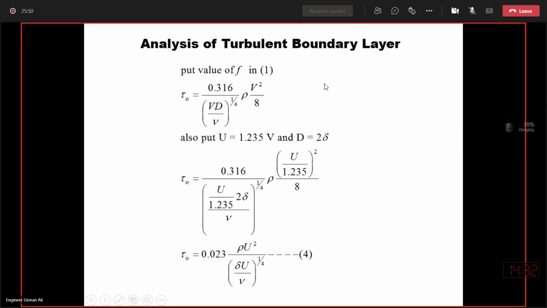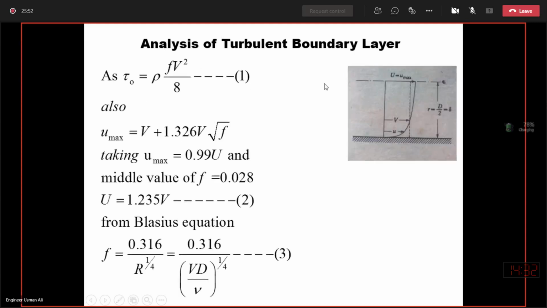Again, in this we will make an analogy that this is the formula for the turbulent shearing stress in circular pipes, and this is the relationship between the center line velocity and the mean velocity in circular pipes.